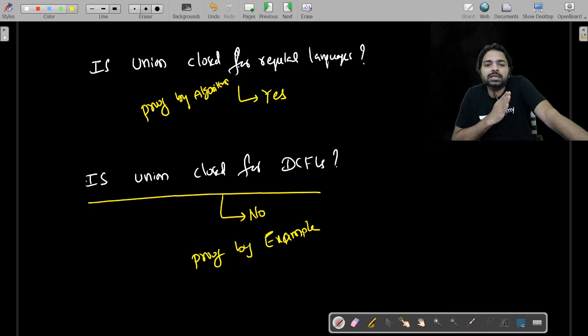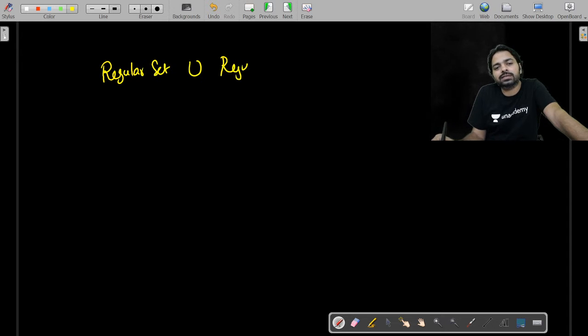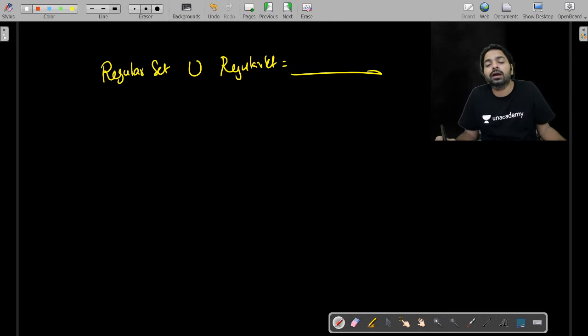The closure properties are different, decision properties are different. When we are talking about closure properties, we say regular union regular is dash. The result is either regular or maybe not regular, but we have an algorithm to prove it is always regular.